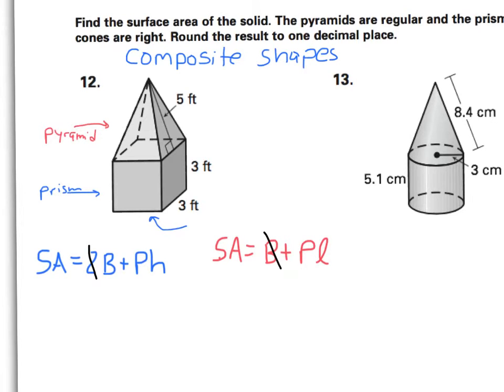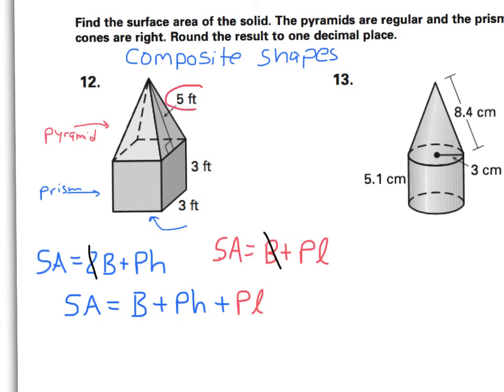So if I were to consider what my pure surface area is here, I'm going to find the area of the base once. Then I'm going to find the perimeter of the base times the height, plus the perimeter of the base times my slant height. Okay, now what's nice is I've already been given all the information.